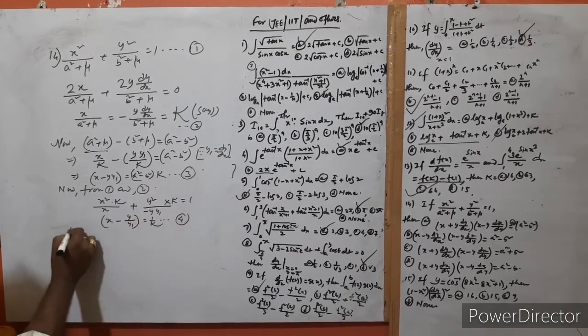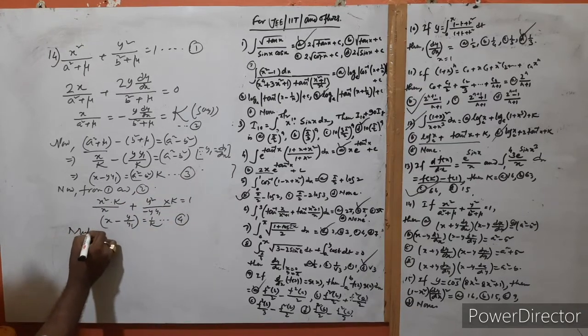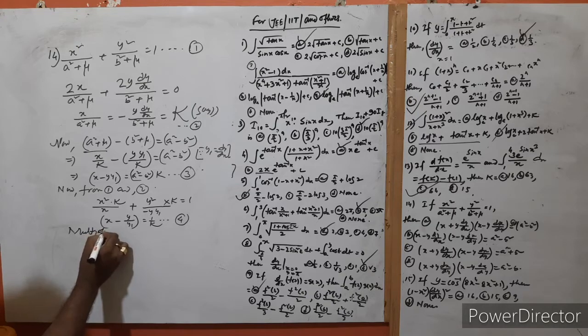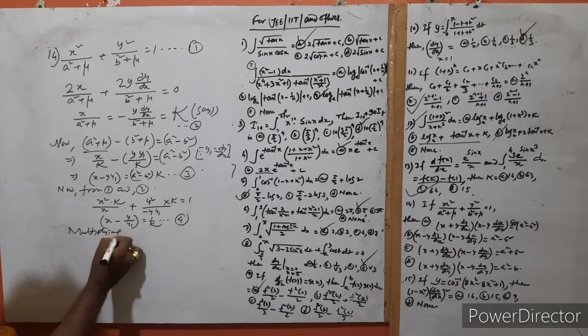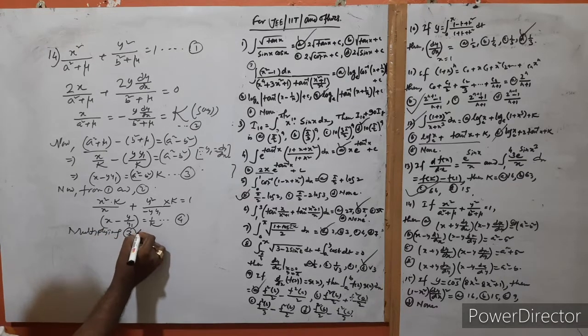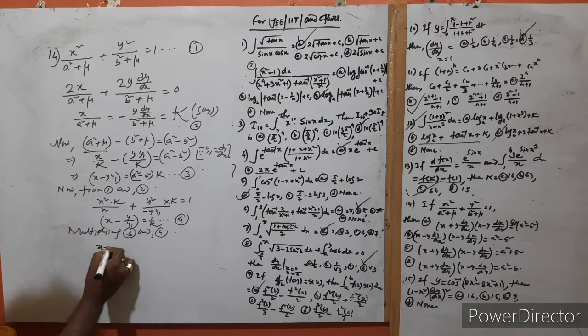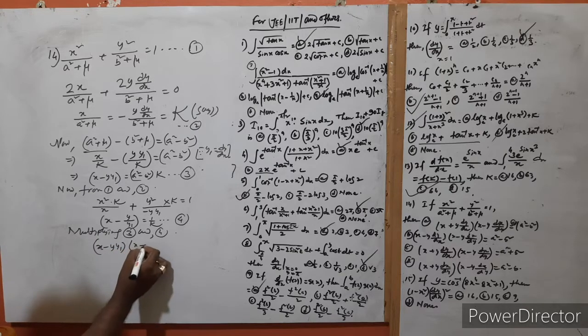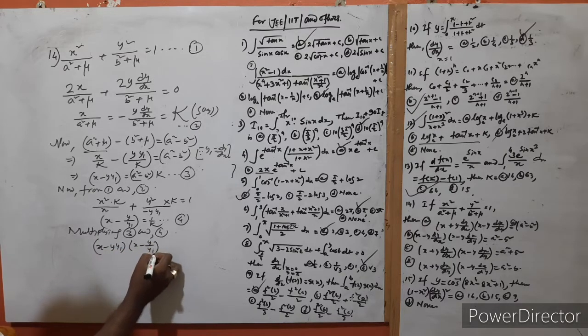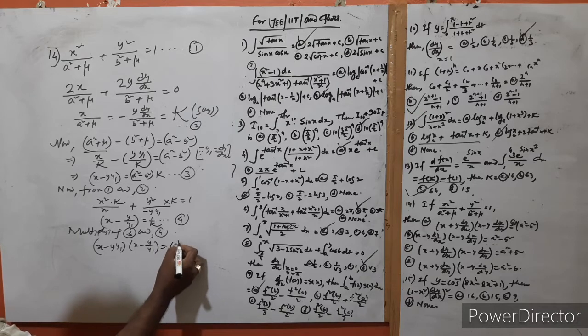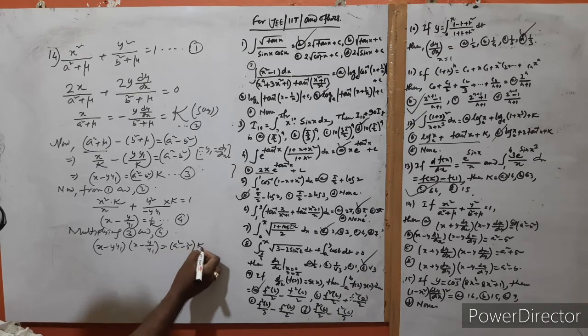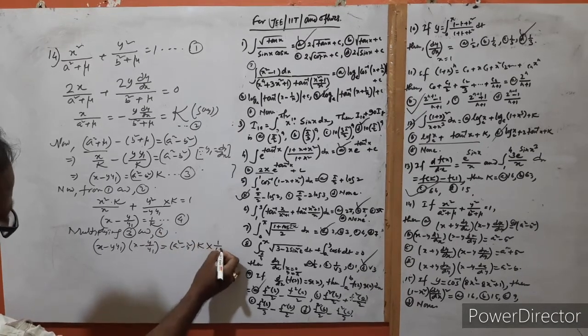Multiplying 3 and 4. So see, x minus y by y1 is equal to a square minus b square into k, and this is 1 by k.